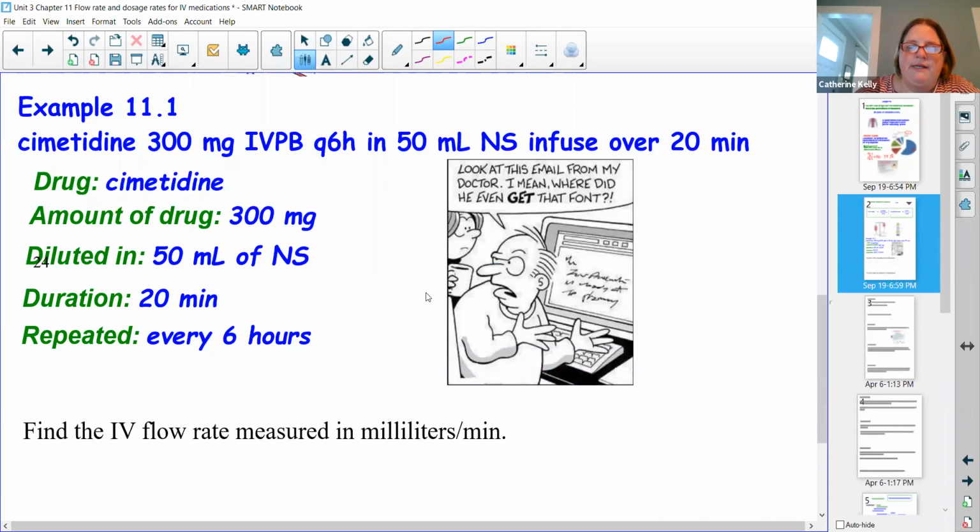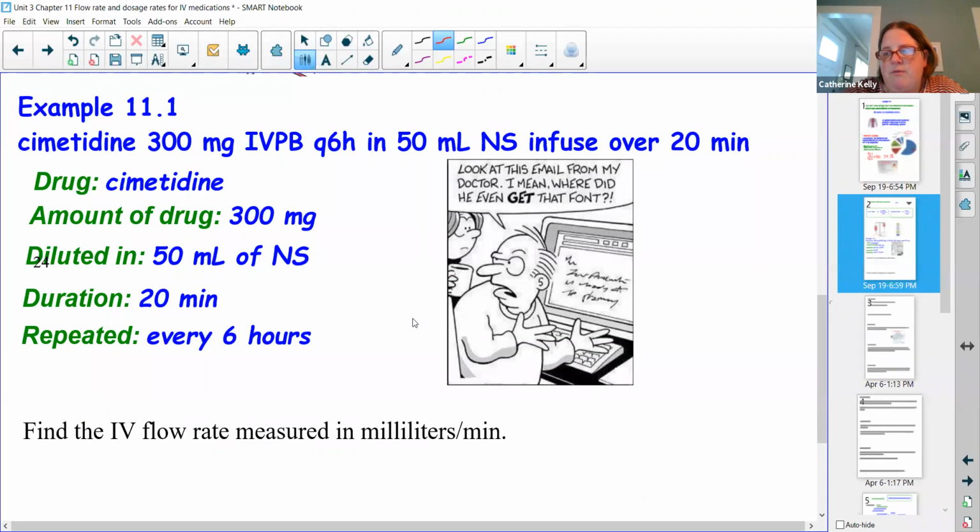So your example is cimetidine, 300 milligrams IVPB every 6 hours in 50 milliliters of normal saline, to infuse over 20 minutes. The drug itself is cimetidine. The amount of drug is 300 milligrams, diluted in 50 milliliters of normal saline. The duration is 20 minutes and it's repeated every 6 hours.